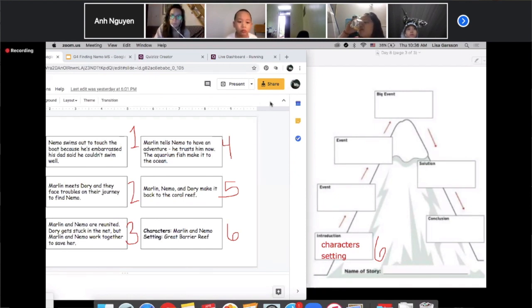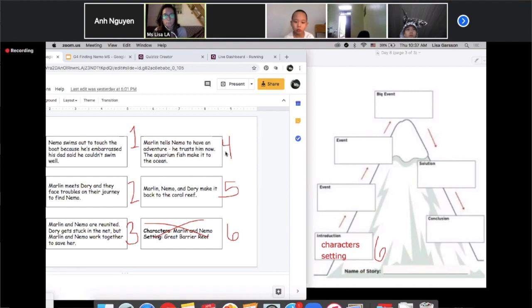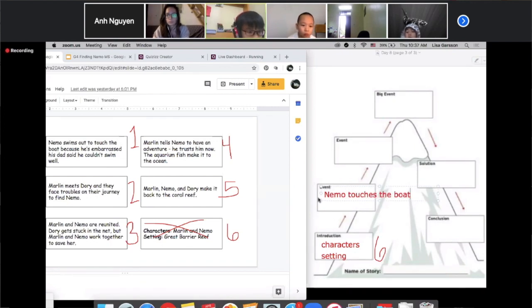Here, I'll cross them out as we put them on our story mountain. Okay, so what's our next event? Nemo swims out to touch the boat because he's embarrassed his dad said he couldn't swim well.